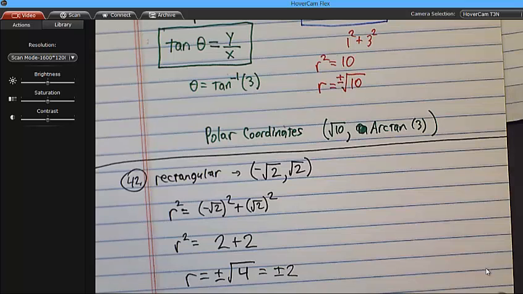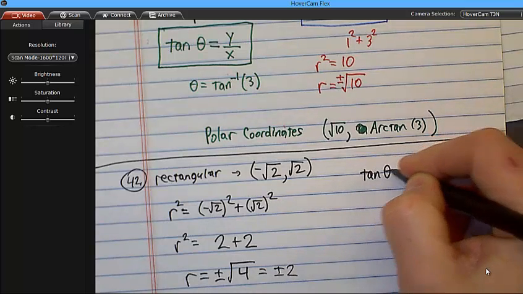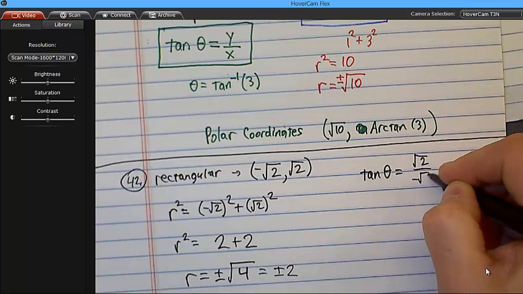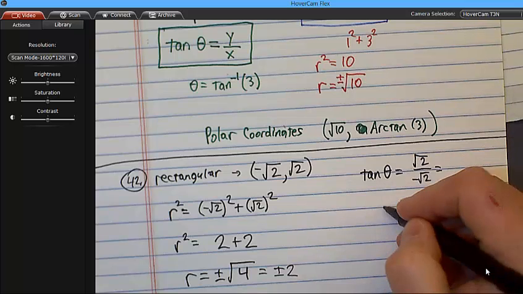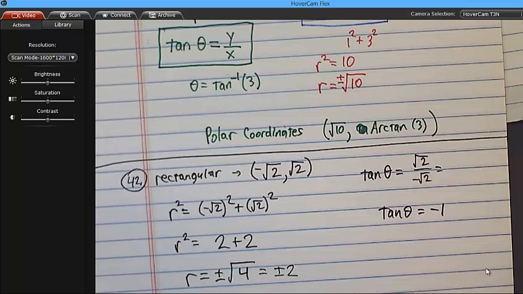Now for theta, the tangent of theta is square root of 2 over negative square root of 2. So really what you have is the tangent of theta is negative 1. Some people typed in inverse tangent of negative 1, and that is correct. People that had it in radian mode got some decimal that you weren't very familiar with.